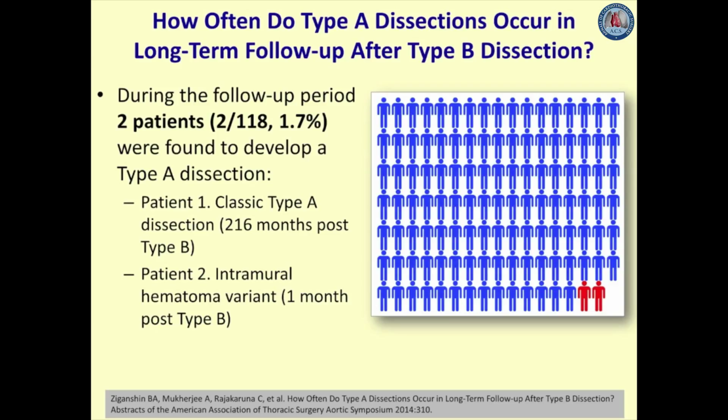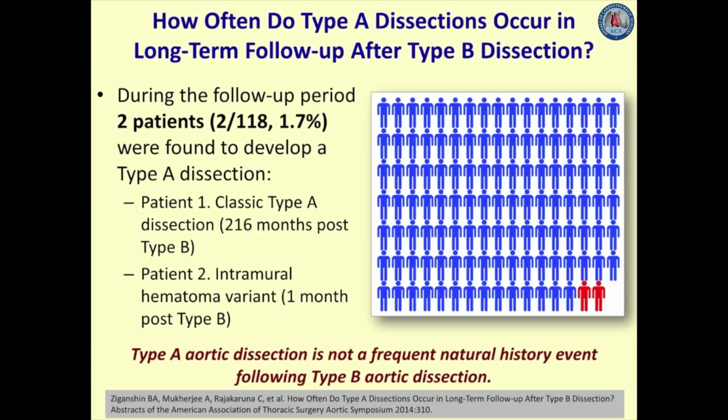As you can see here, we were very surprised to find that this was a very small number. Only 2 of those 118 patients suffered a subsequent type A aortic dissection. This is much less common than I would have predicted or anticipated. So type A dissection is not a frequent natural history event following type B aortic dissection.